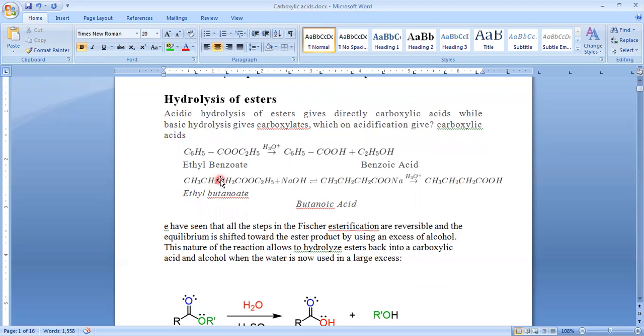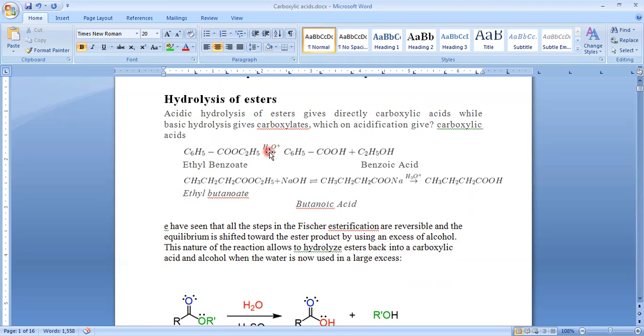Here in this example ethyl benzoate is taken, then on acidic hydrolysis. Whenever you find H3O plus, that indicates acidic hydrolysis. Hydrolysis means water, acidic means H plus. Whenever acid is dissolved in water, the character of the acid is releasing a proton.